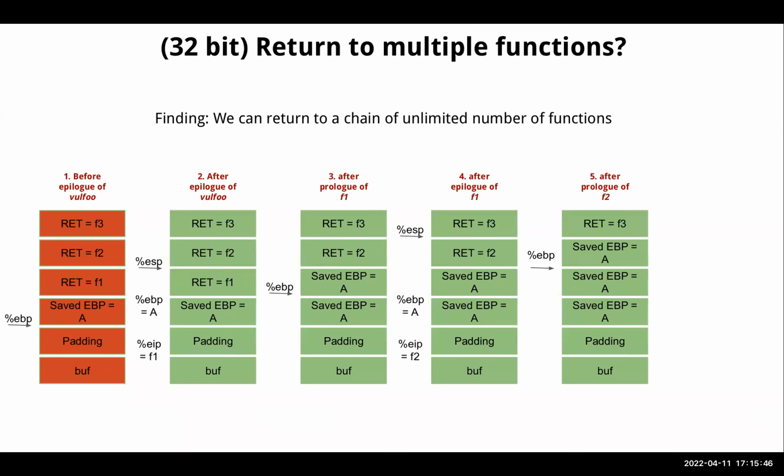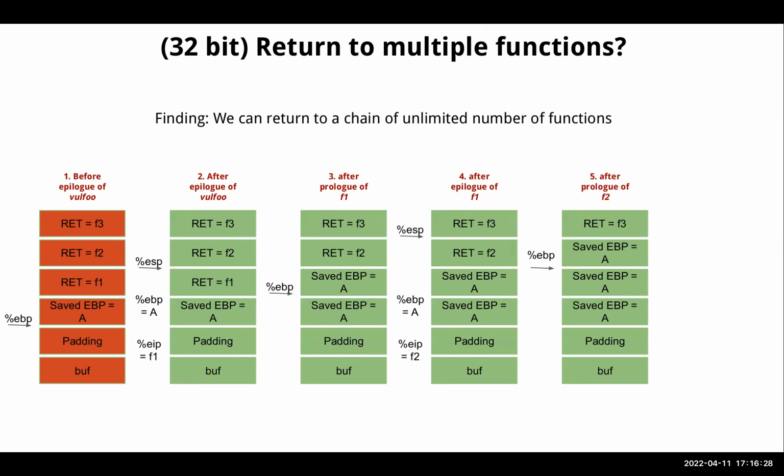The reason is that at the end of each function's code, there is a return instruction. That return instruction will pop the return address from the stack into the EIP or RIP. If the attacker controls the stack, they can just lay the return addresses on the stack one by one, and then those functions will be returned to one by one.